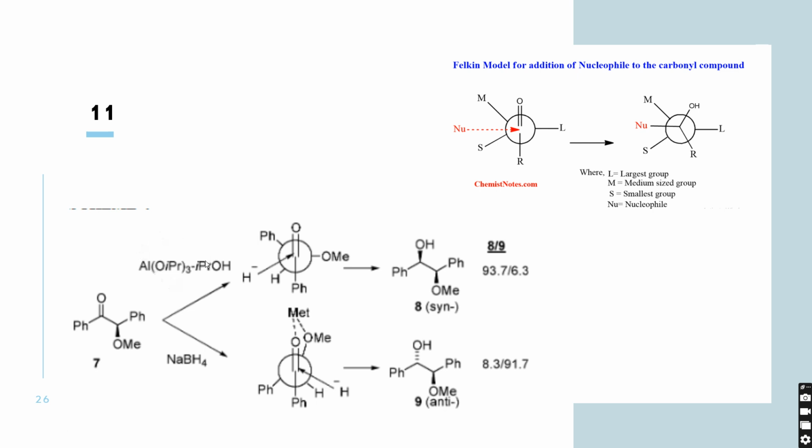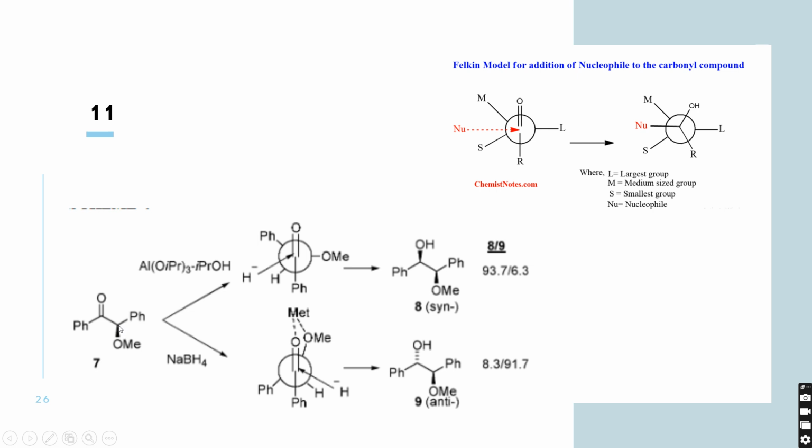So according to the Felkin-Anh model, you have to place your carbonyl at the top face like this. Linearly, you have to place your carbonyl as shown here. Then the second carbon of this junction, the carbon I am talking about now, we are going to place at the back side.